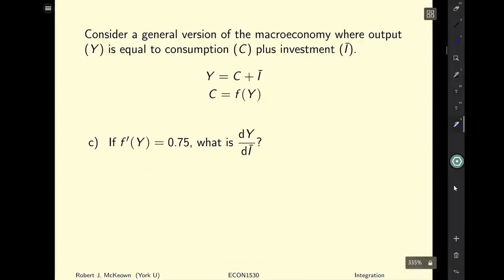Now question C says if f prime Y, that's the marginal propensity to consume, is equal to 0.75, how will output change if we change investment?